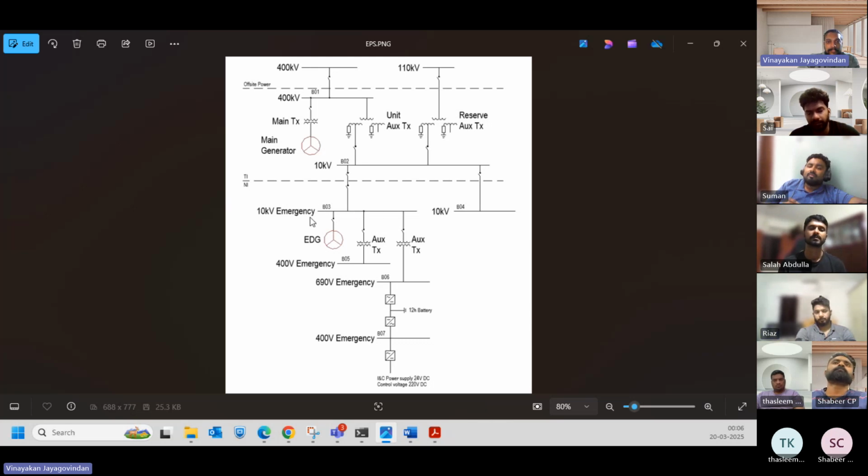So every critical system is connected with this bus bar 03 only. Okay. And when considering an emergency DG, we need to learn about load sequencing.